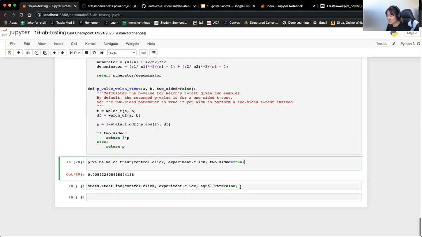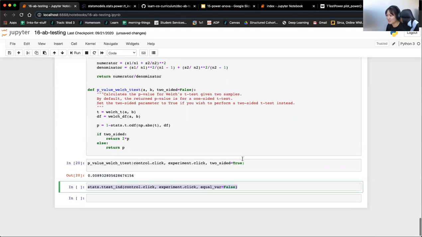Really quickly, I also wanted to show you the built-in function so that you don't have to define all of these formulas. This is the built-in function from SciPy, and you give it the same information. Because it's a Welch's t-test, you have to tell it that equal variance is false.